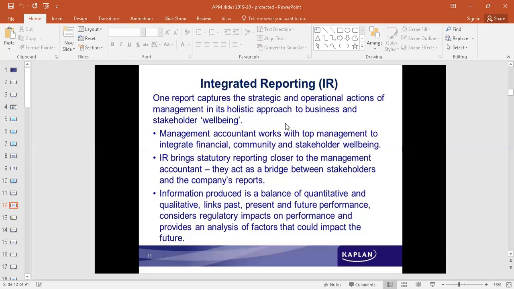Reports on other details are prepared, and these reports are integrated with the report on financial statement. Therefore, the concept is called integrated reporting.